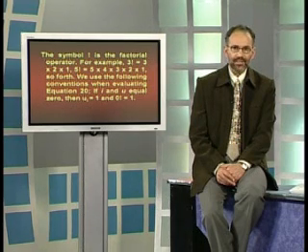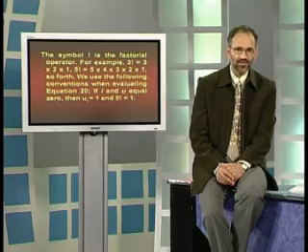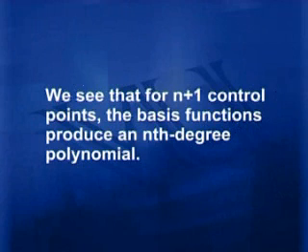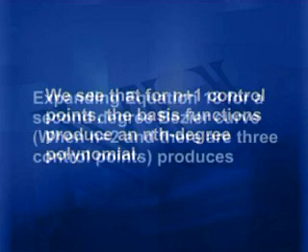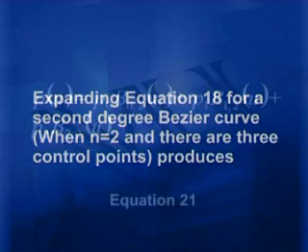We use the following conventions when evaluating equation 20. If i and u are equal to 0, then u to the power i is equal to 1, and 0 factorial is always given as 1. We see that for n plus 1 control points, the basis functions produce an nth degree polynomial. Expanding equation number 18 for a second degree Bezier curve, when n is equal to 2 and there are 3 control points, produces something like this.